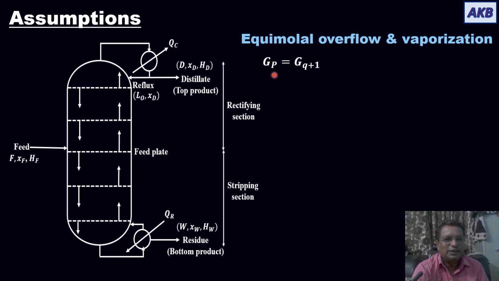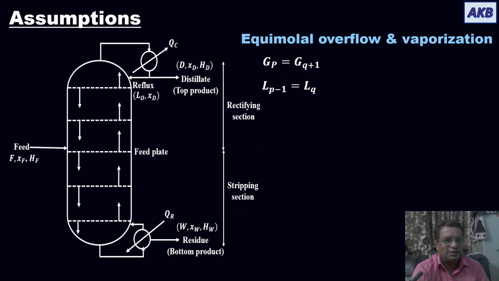Okay. So in the rectifying section, due to this, we are getting GP is equal to GQ plus 1, and LP minus 1 is equal to LQ. That is, vapor flow entering the section is equal to vapor flow leaving the section.